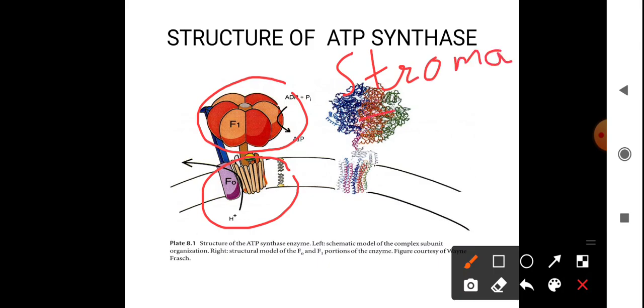The F0 and F1 particles are joined together by a stalk, where F0 functions as a transmembrane channel.